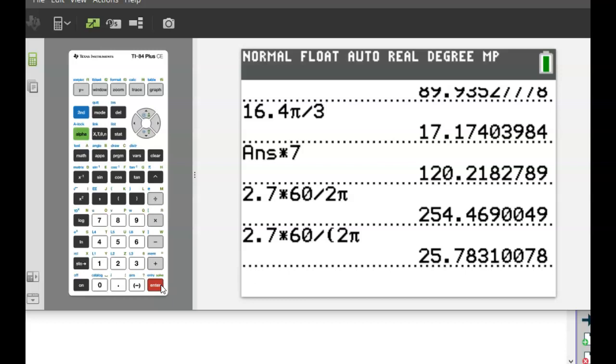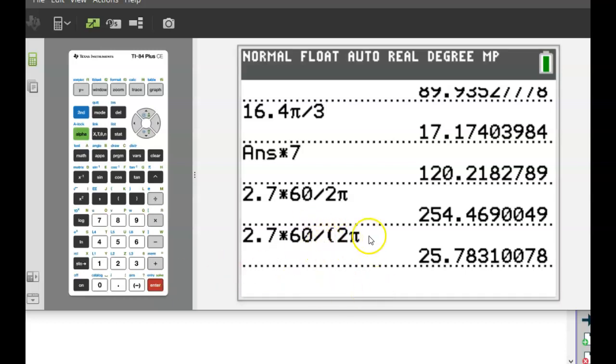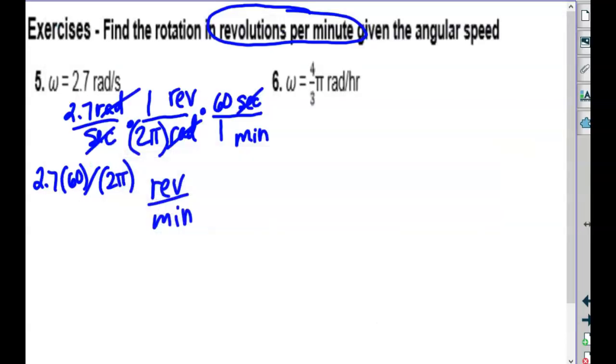Okay, does everybody see you have to have those parentheses? We're dividing by 2 pi, so 25.8, did you get that?